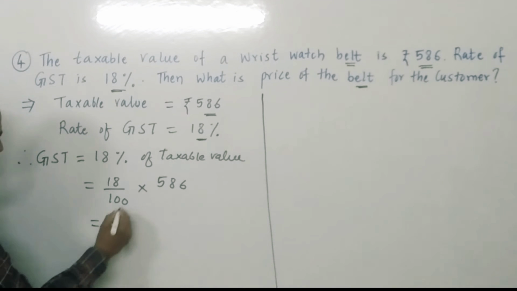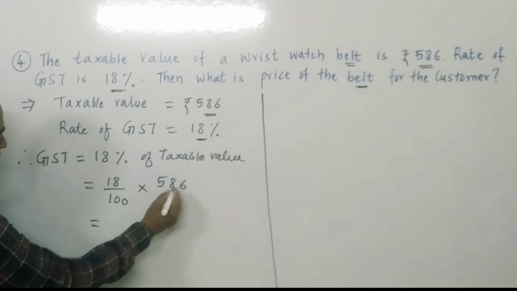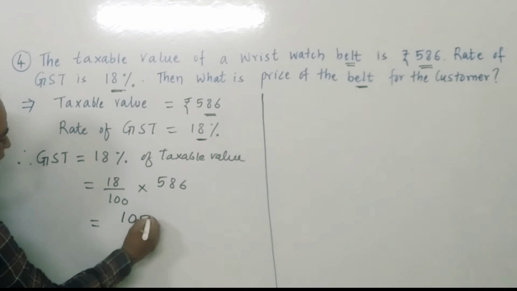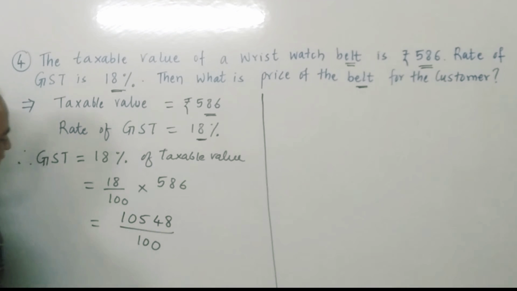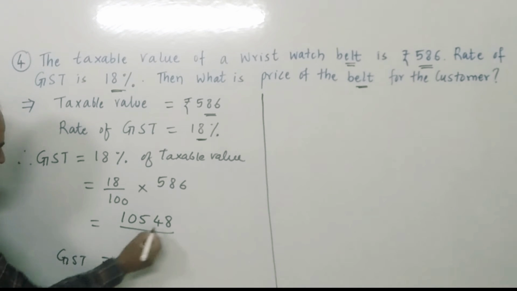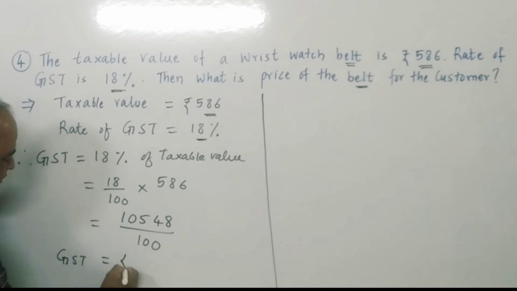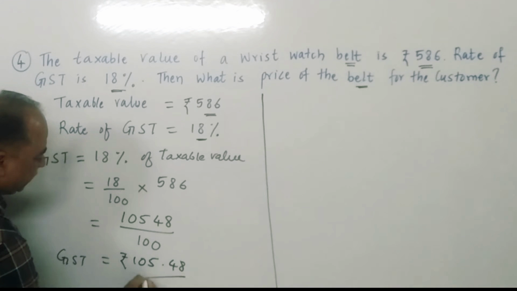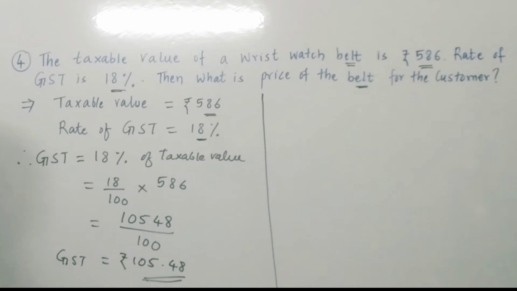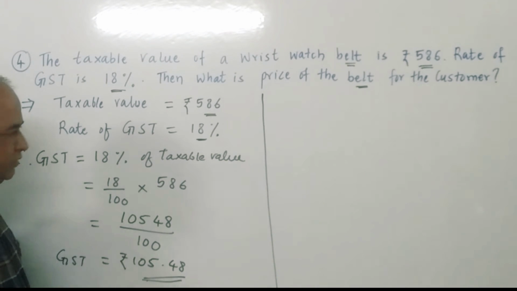So if you multiply 18 into 586, you will get 10548 divided by 100. So total GST will be, now here in the denominator there are two zeros, so you can write this as rupees 105.48. This is the GST which will be calculated on taxable value 586.